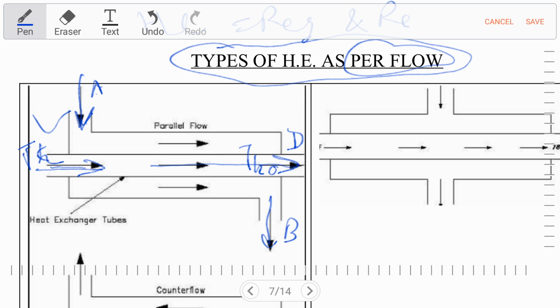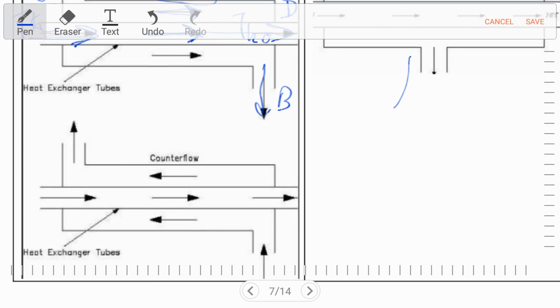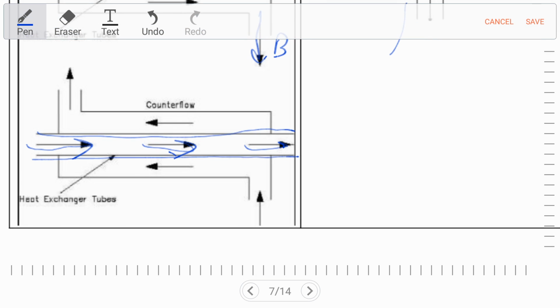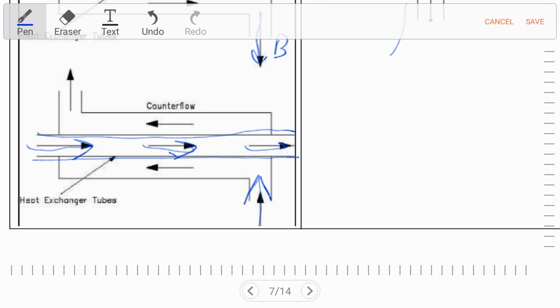So basically, as we can see here, the direction of cold water and the direction of hot medium are the same, so it is known as parallel flow. And in the next figure, this is our heat exchanger tube. The hot medium is traveling in this direction, and the cold water is entering from point B and will go out from point A.